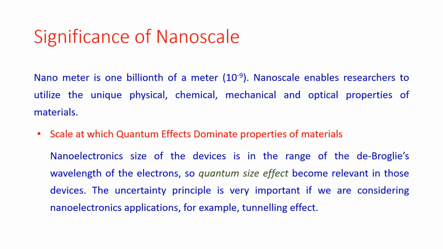You know very well about the de Broglie wavelength, that is lambda equals h upon mv. If you solve for the de Broglie wavelength of the electron, it comes around 1 to 10 nanometer. So quantum size effects become relevant in those devices. And now the uncertainty principle is very important if we are considering nanoelectronics applications, for example, the tunneling effect. You know the uncertainty principle, that is the product of delta x and delta p should be greater than a constant, that is h cross.